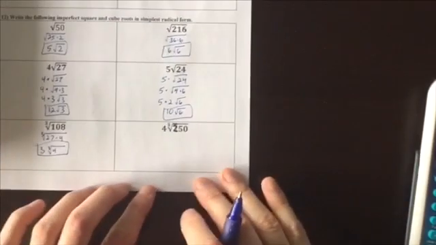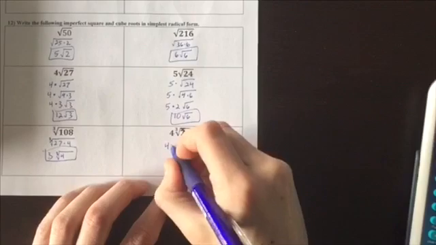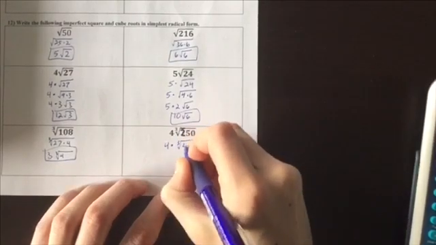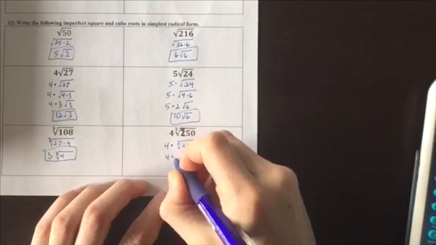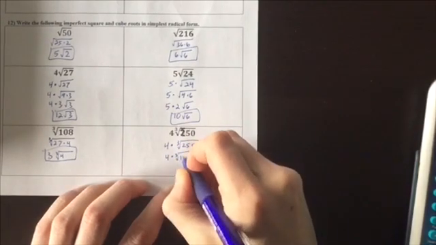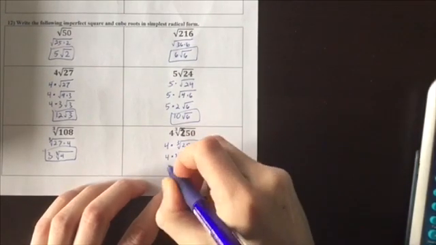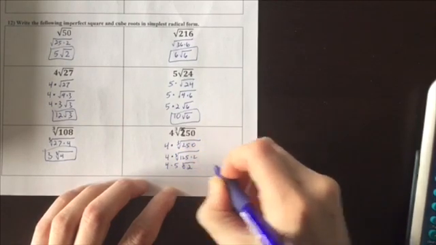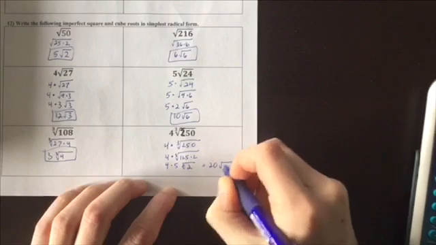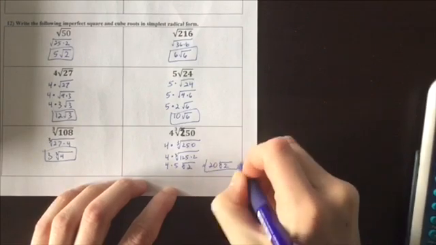Okay. And we've got 4 times the cube root of 250. The largest perfect cube factor of 250 is 125. Cube root of 125 is 5. So that's going to be 20 cube root of 2.